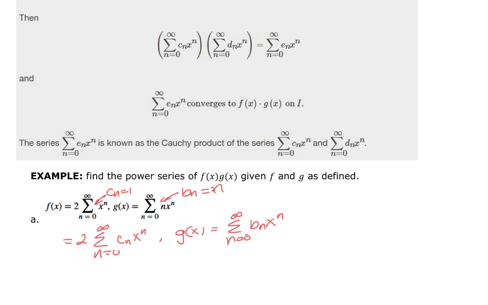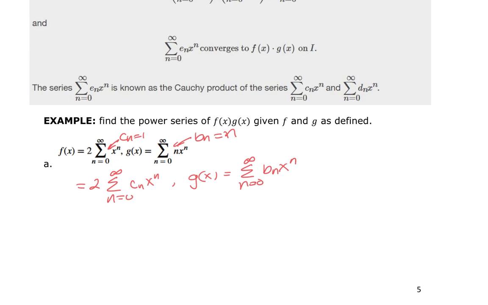Now the reason I'm doing that is because when I do this multiplication, I'm going to have the summation of n equals 0 to infinity of c sub n x to the n multiplied by the summation of n equals 0 to infinity of b sub n x to the n.